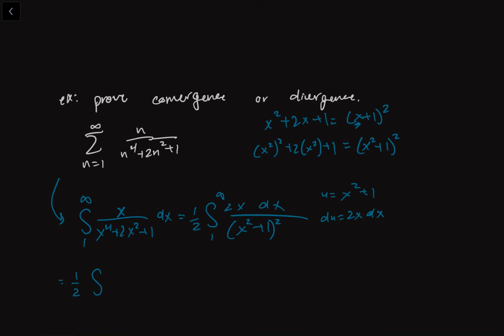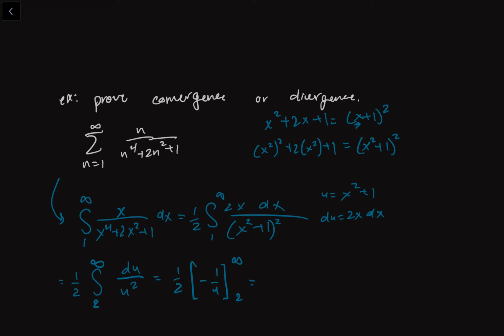Plug in 1, you'll get 2. Plug in infinity, you'll get infinity of du over u squared. So this is going to become 1/2. When you integrate 1 over u squared, you're going to get minus 1 over u, and you can check that with a derivative. And we're going to evaluate that at infinity and 2.